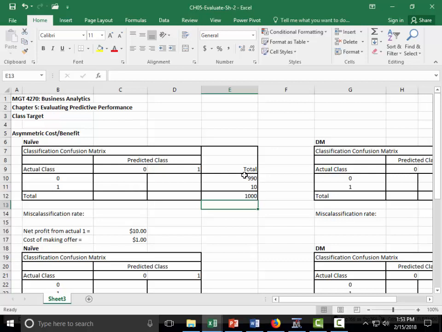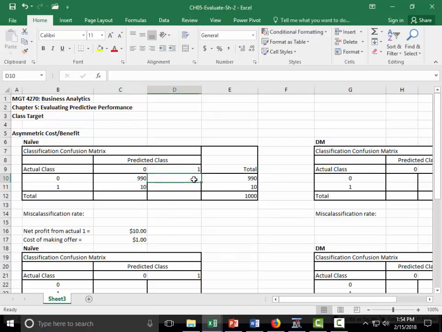So the naive classifier simply classifies everything as the most prevalent class. So 0 is the most prevalent class. So it's going to classify everything as 0, right? Because that's the most prevalent class.